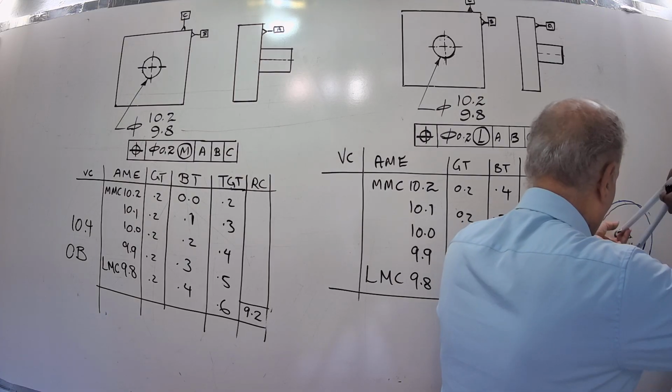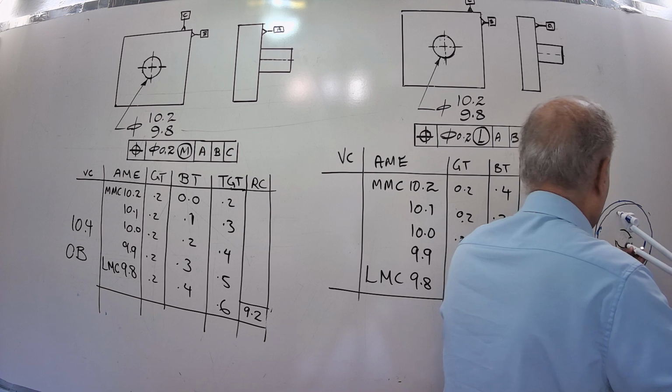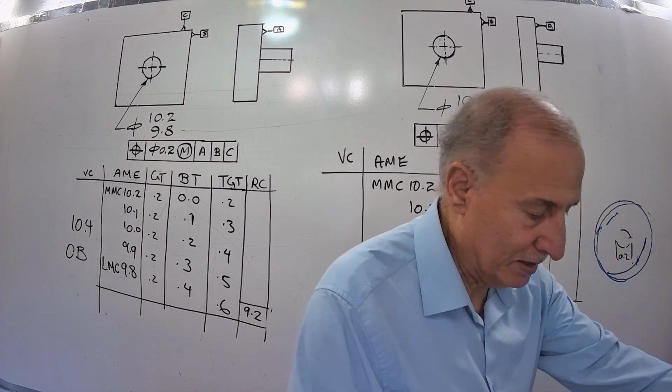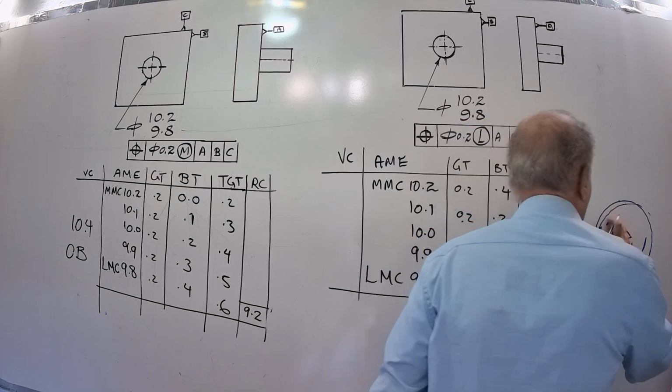And just draw part of a circle over here. Then let's say draw it by hand.